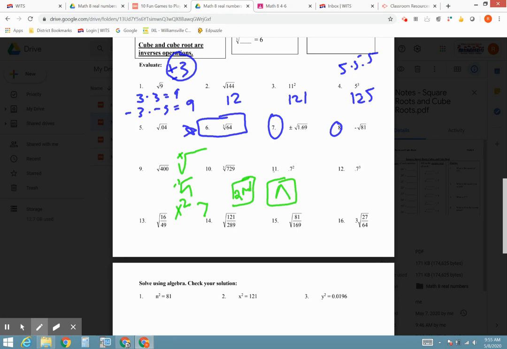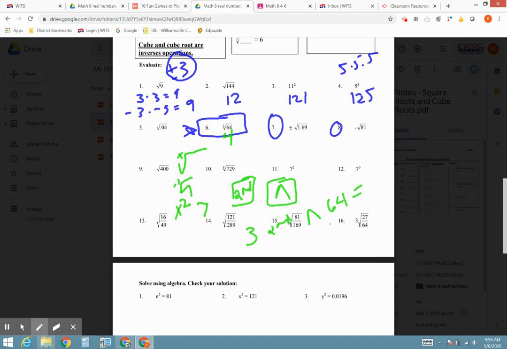So I would hit 3, and then second, that caret. Now that's the third root of 64, so I put in 64, and it gives me the answer of 4, because 4 times 4 times 4 is 64. So in my calculator, I hit 3, then second, then that caret, then 64, and then equals.